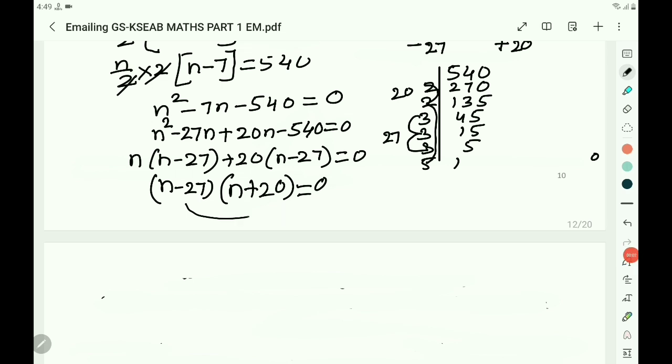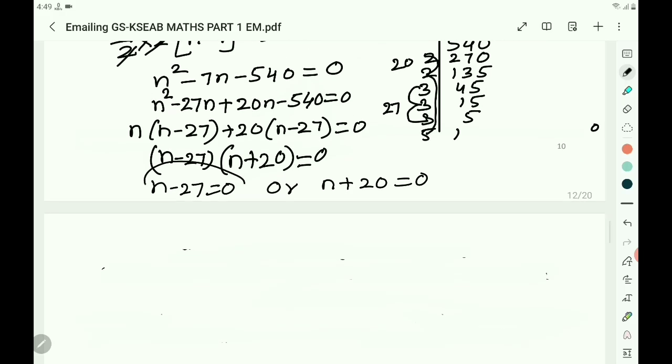Then equate each factor to 0. N minus 27 equals 0, or n plus 20 equals 0. Then transfer this minus 27 to the RHS. N equals 0 plus 27, or n equals 0 minus 20, transferring this to the RHS.